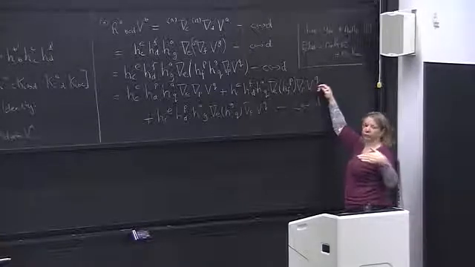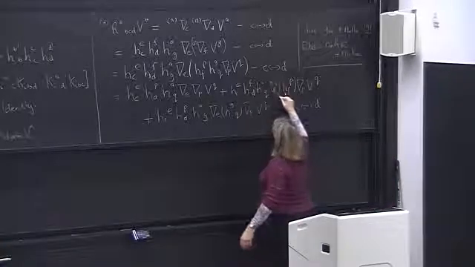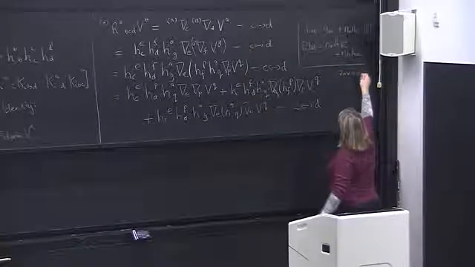So the normal derivative of V is going to vanish. So actually this term is 0 because grad NV is 0.